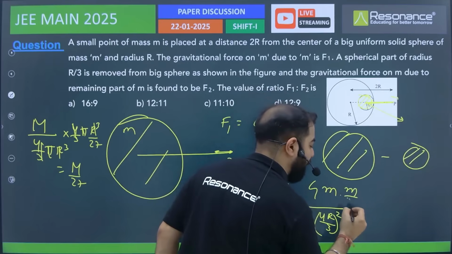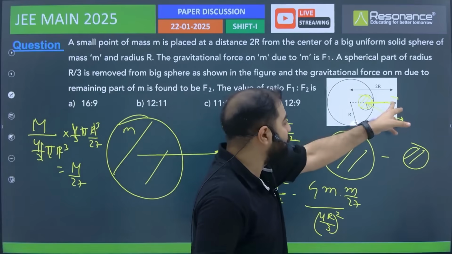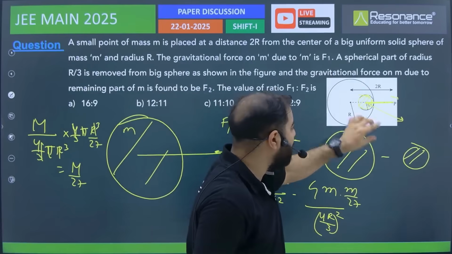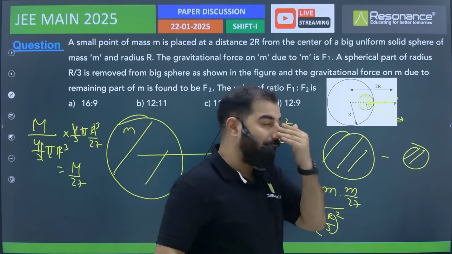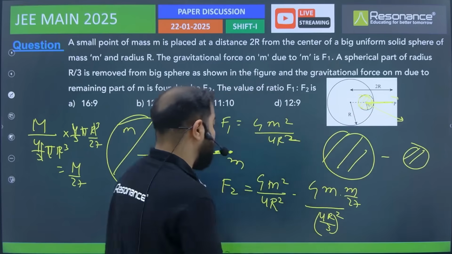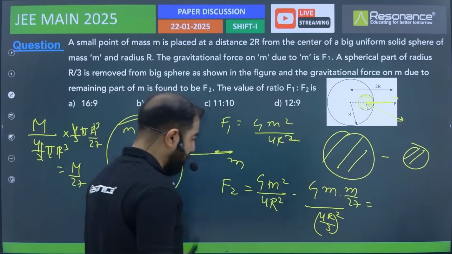The cavity is m by 27. So now, after the cavity, the force here is because of two reasons. You can think of one complete sphere minus this cavity. I want to remove the effect of this cavity because the cavity mass is not present there. So G m into m by 27 by the square of 4r by 3. Okay. This turns out to be.